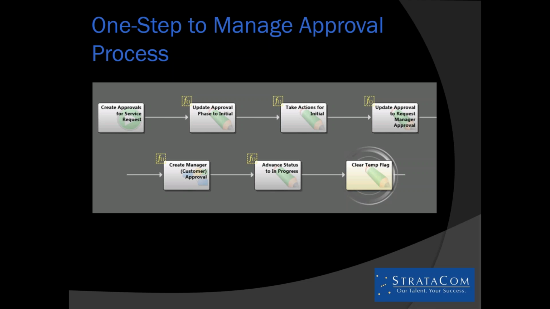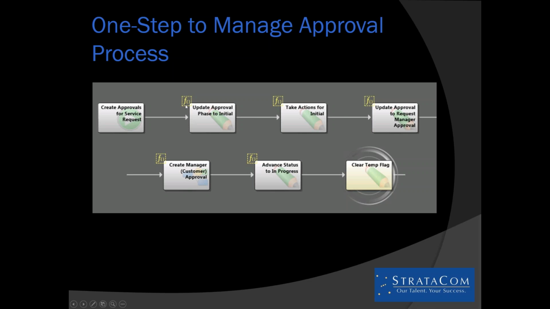So I could make this occur anywhere I want, and so it manages independently of my statuses, but I can update statuses along the way, as you'll see here in a second. So the very first thing is I update the approval phase, we call it task phase, to initial. And then that allows you to start this process.